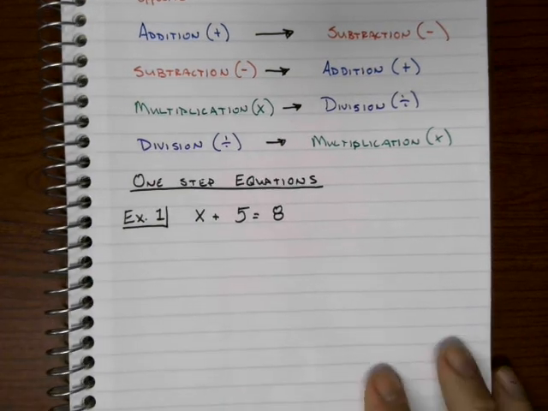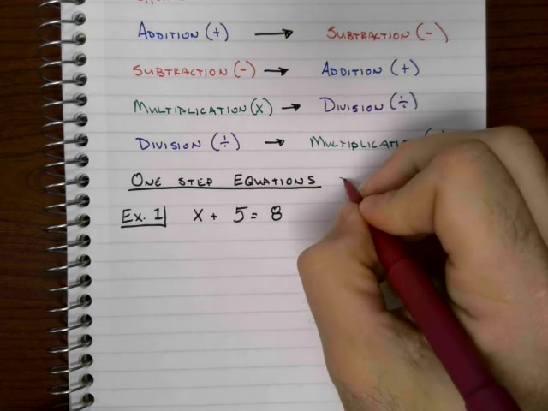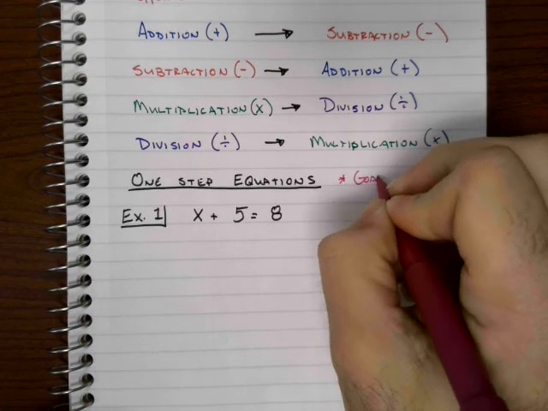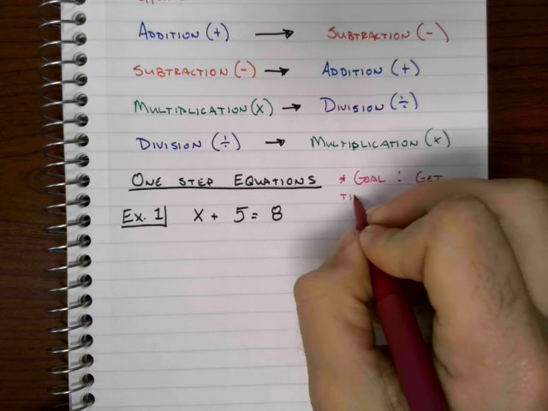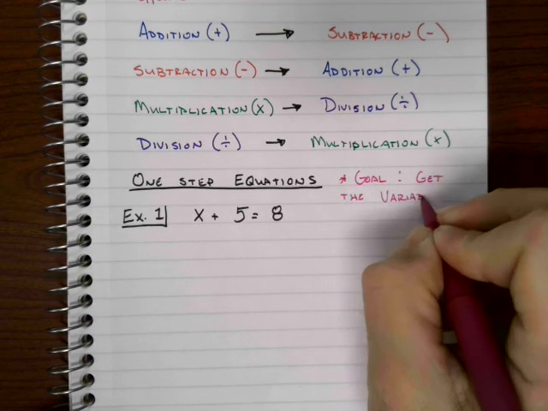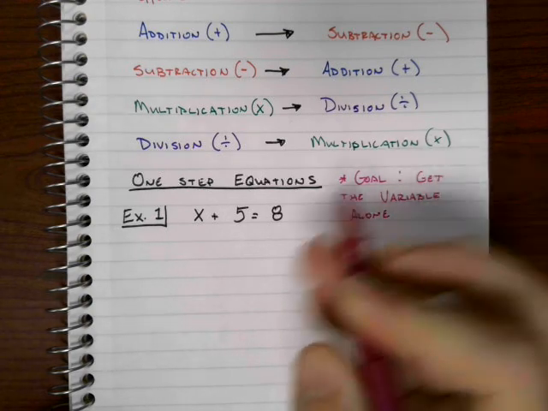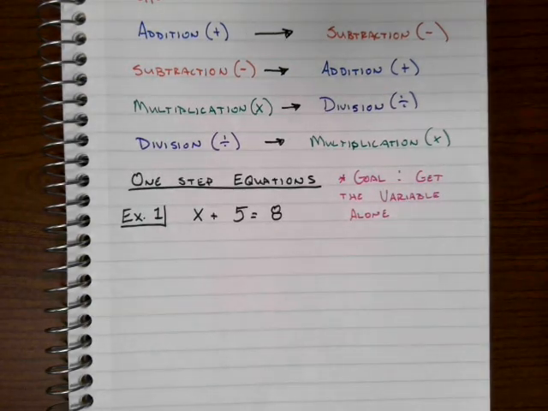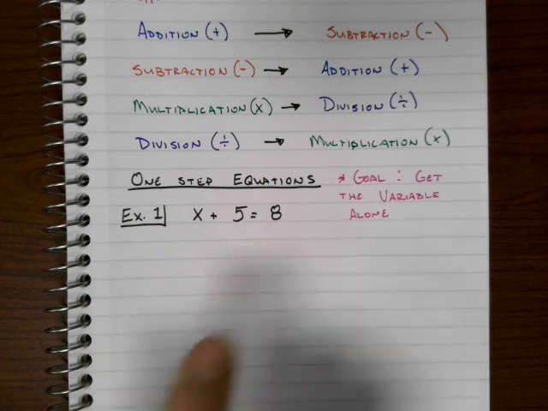So with equations, our goal is to get the variable alone. That's our goal. At the end of the day, we want x by itself over here. You see this x, this variable here, he's a loner. He doesn't like friends. He wants to get rid of everybody on that side.